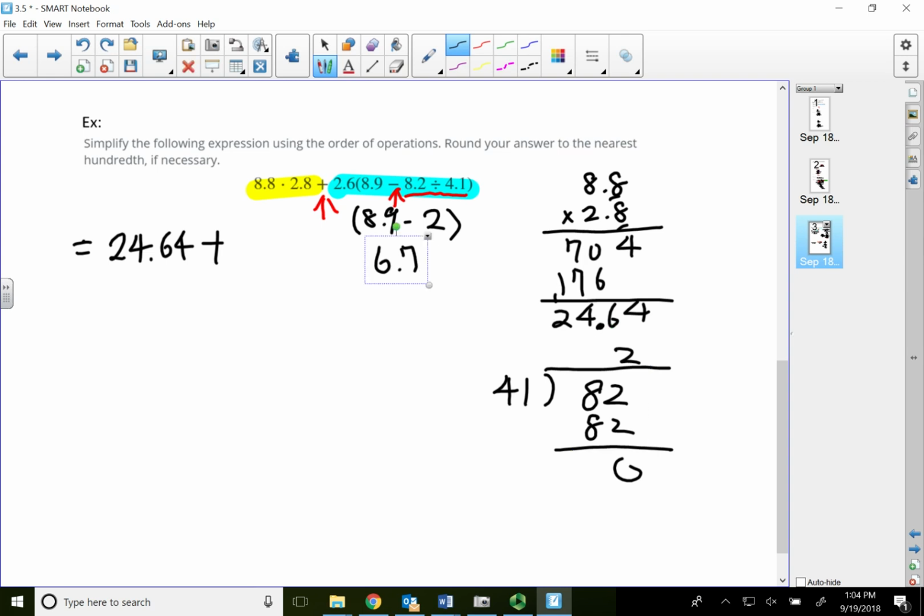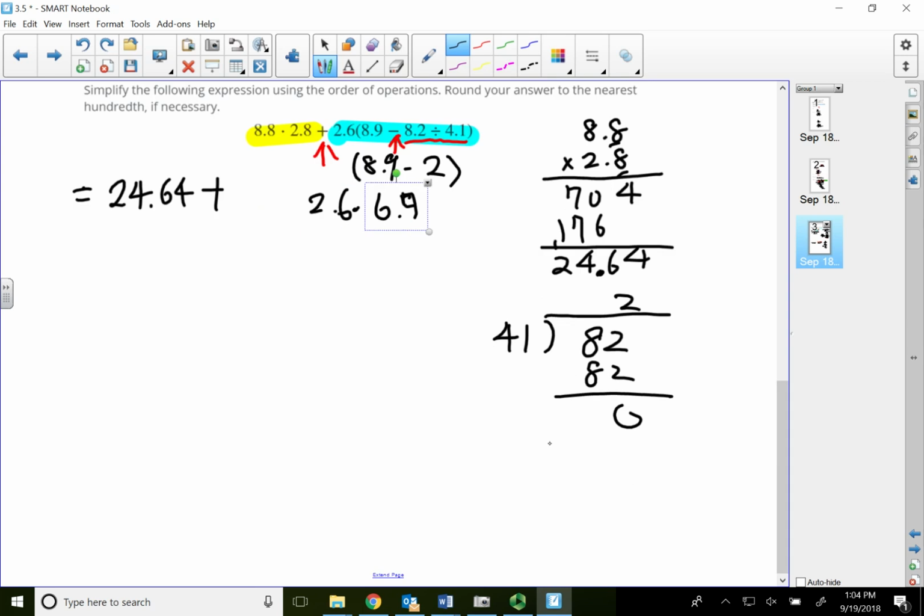The 6.9 now needs to multiply the 2.6. All right, let's check it out. 2.6 times 6.9. 9 times 6 is 54, carry 5. 9 times 2 is 18. 18 plus 5 is 23. 6 times 6 is 36, carry 3. 12 plus 3 is 15.